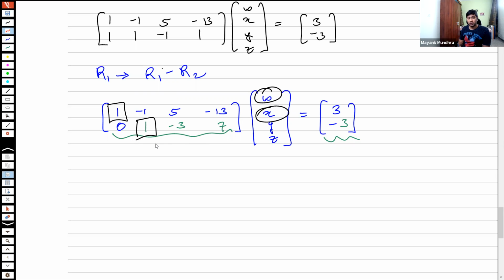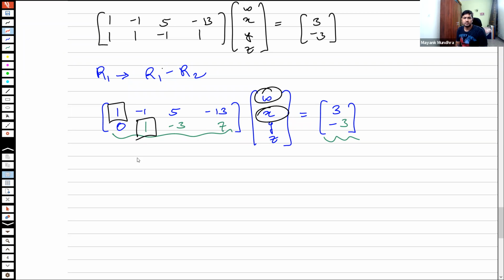Now, can I make this simpler? You can add row 1 and row 2, so R1 becomes R1 plus R2, so that the second entry in row 1 becomes 0.